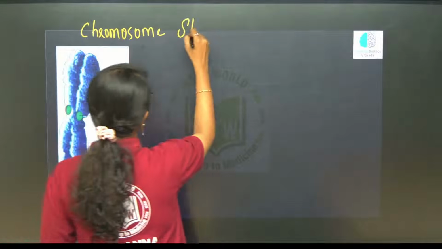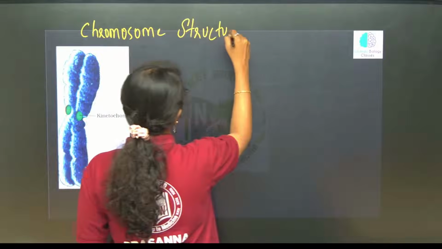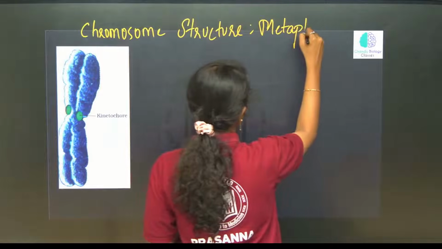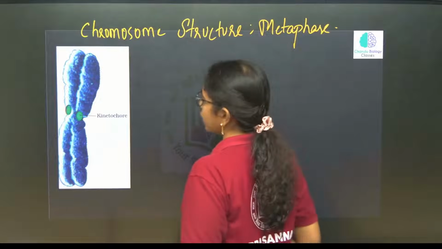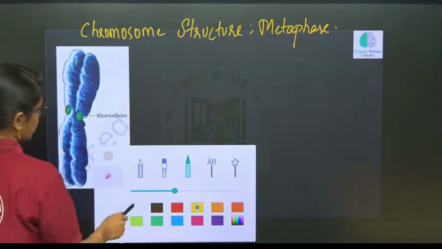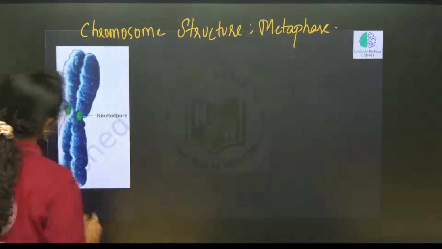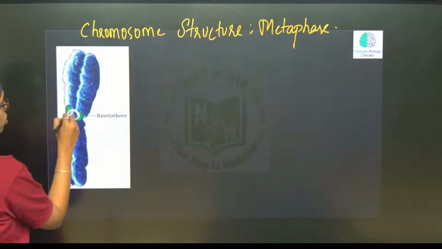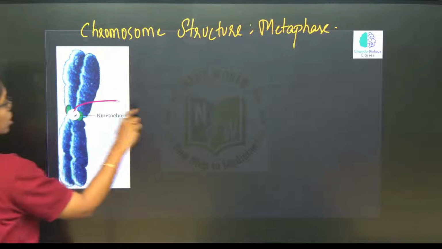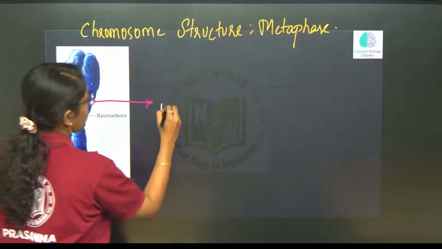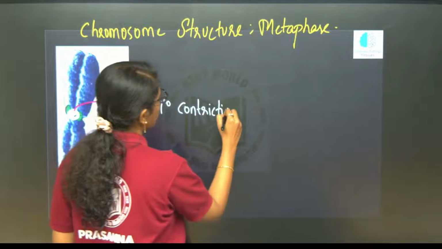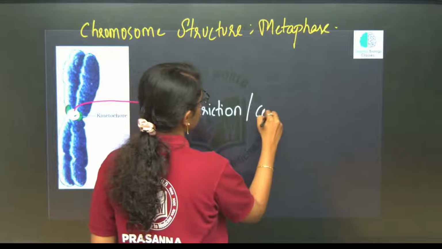Chromosome structure is clearly visible during the metaphase of cell division. At the center of the chromosome there is a primary constriction. This primary constriction is called the centromere.